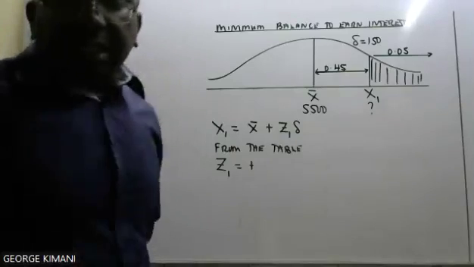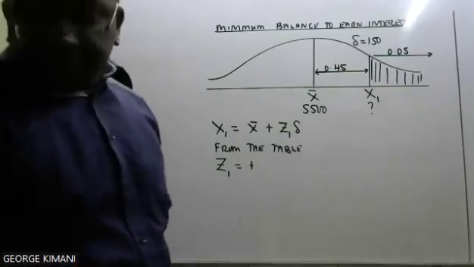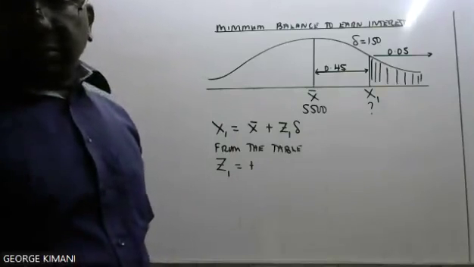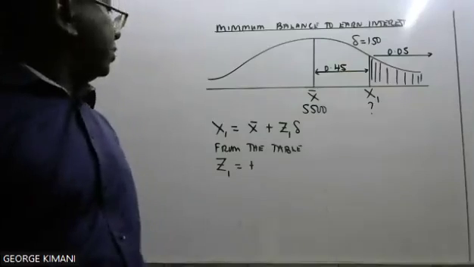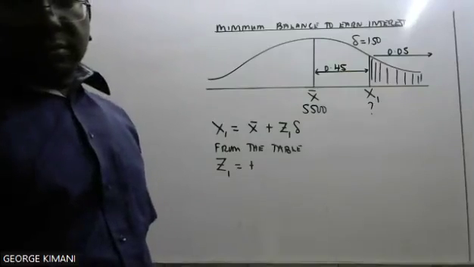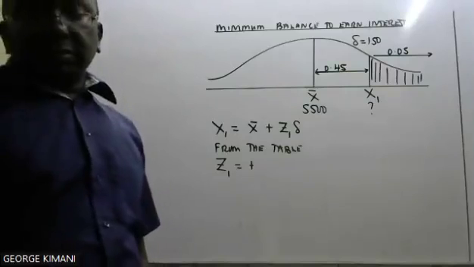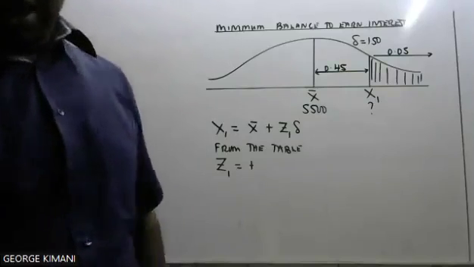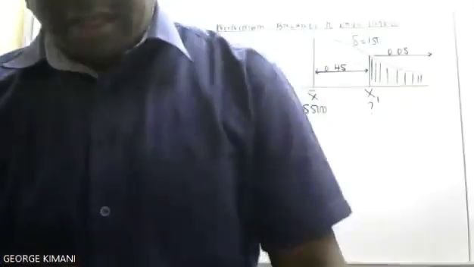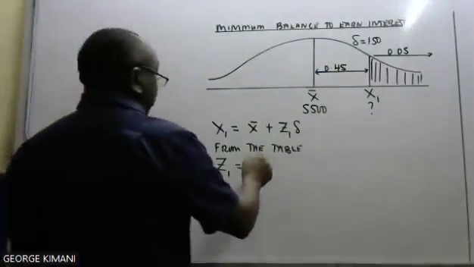Okay, I can see two answers. What about the others? When you go inside the tables, are you able to confirm that those values are okay? Yeah, I can see more, 1.65.